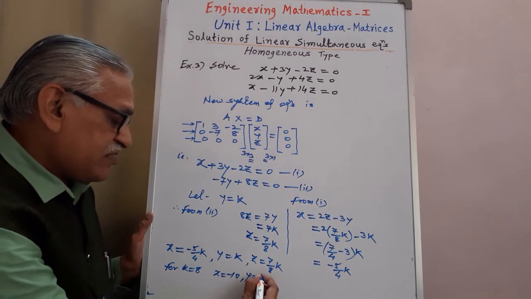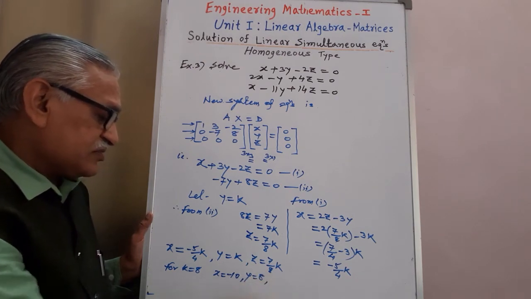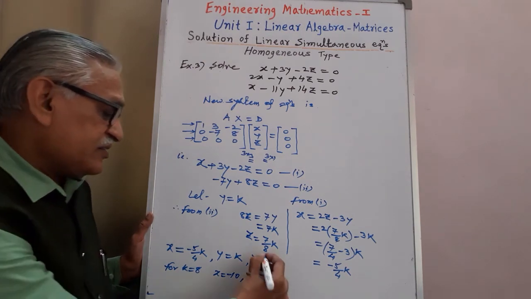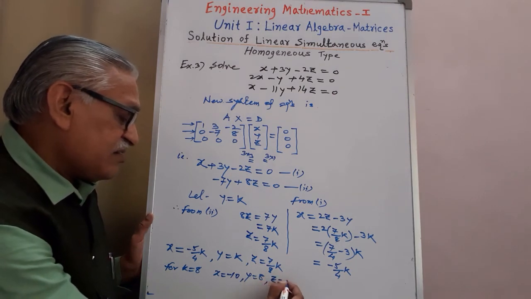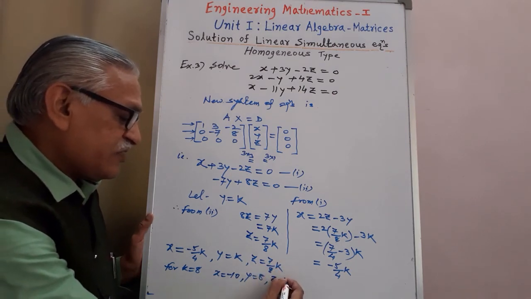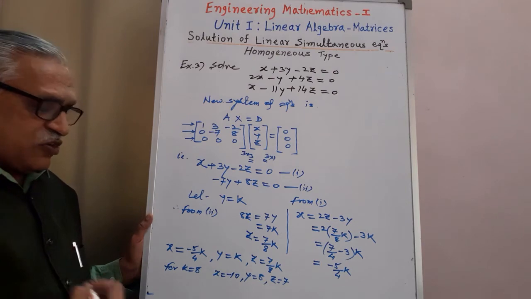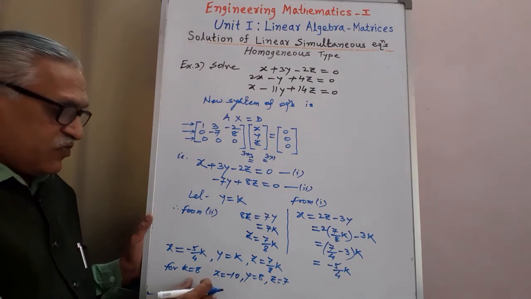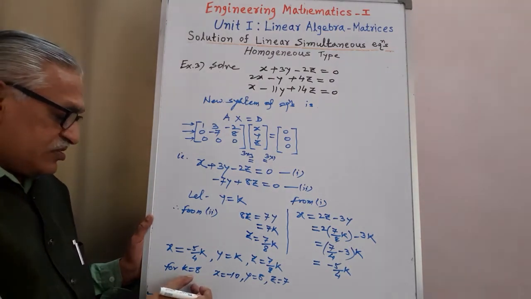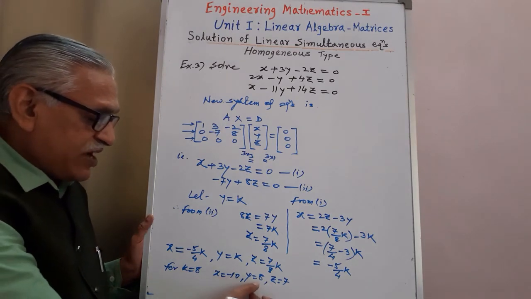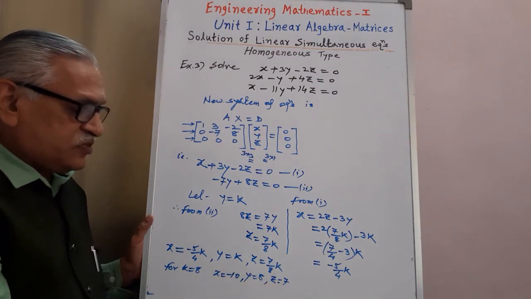Y as 8 and Z as 7 by 8 times 8, 8 get cancelled, we get 7. Out of that infinite, this is one of the solutions. X is equals to minus 10, Y is equals to 8 and Z is equals to 7.